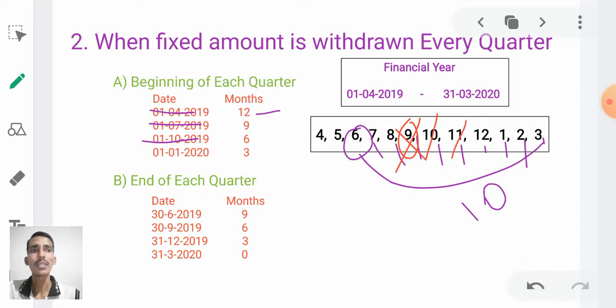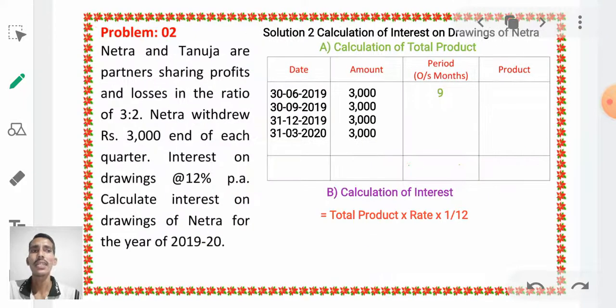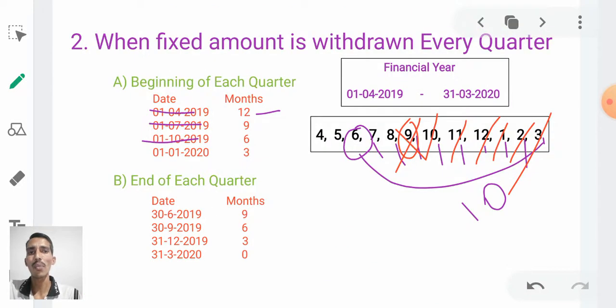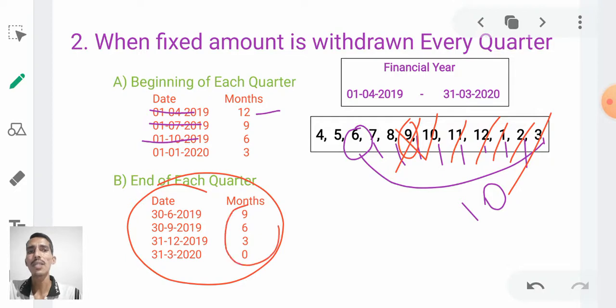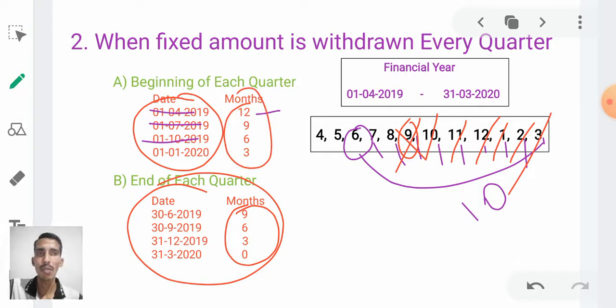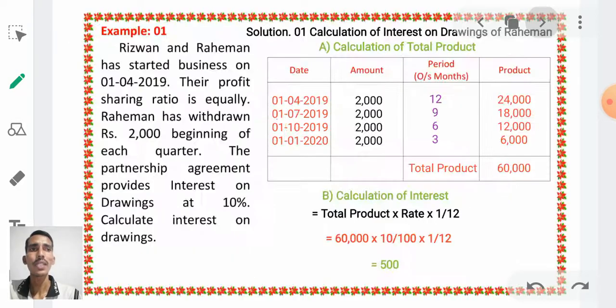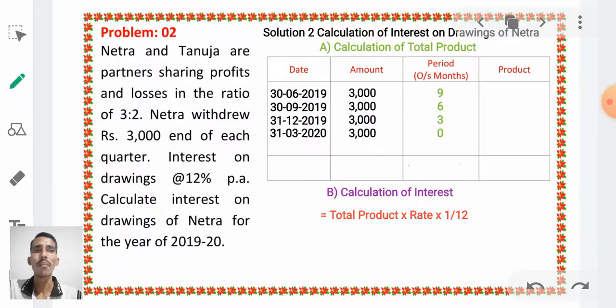Therefore 1, 2, 3, 4, 5, 6 months, like that only, right. Second one 6 months, third one 3 months and fourth one 0. As I explained before, end of the quarter means these amounts and these months will come. Beginning of each quarter means these dates and this amount will come in the problem. Okay. Now we know the months.